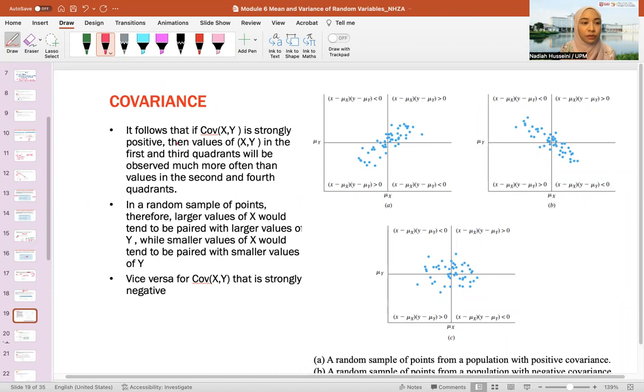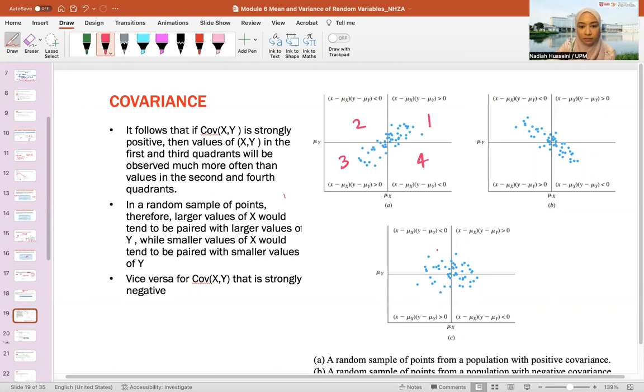We don't know how to calculate covariance yet, but I'm just telling you, if covariance is positive, then the first and third quadrants will be observed much more than the values in the second and fourth quadrants.